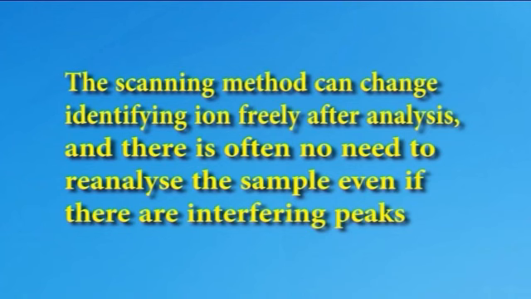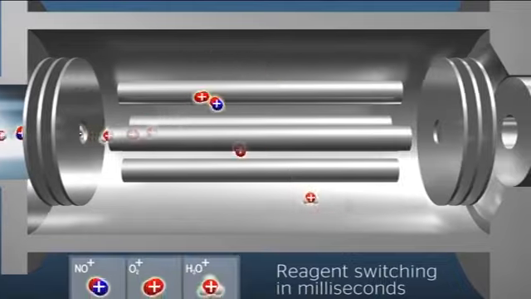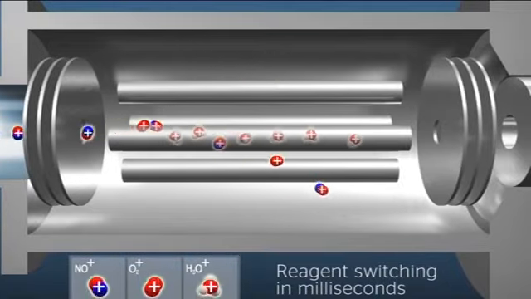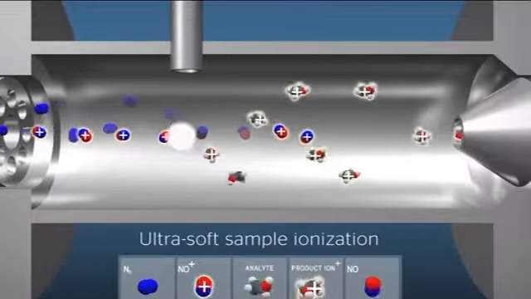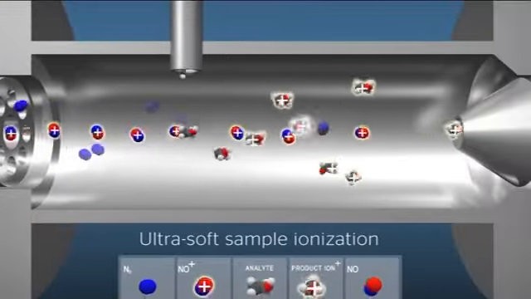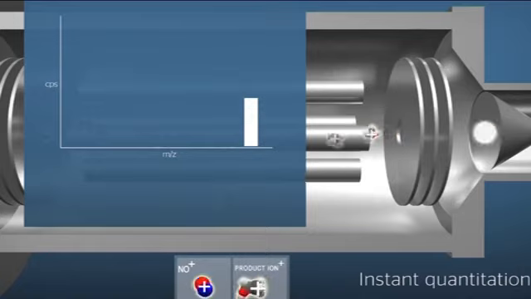The scanning method can change the identifying ion freely after analysis and there is often no need to reanalyze the sample even if there are interfering peaks. The accuracy and reliability of analyte identification is significantly better than selected ion monitoring mode because one can obtain the mass spectrum of the target compound using the scanning method.